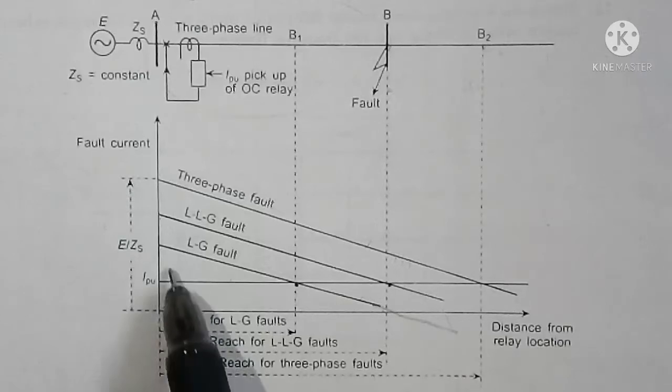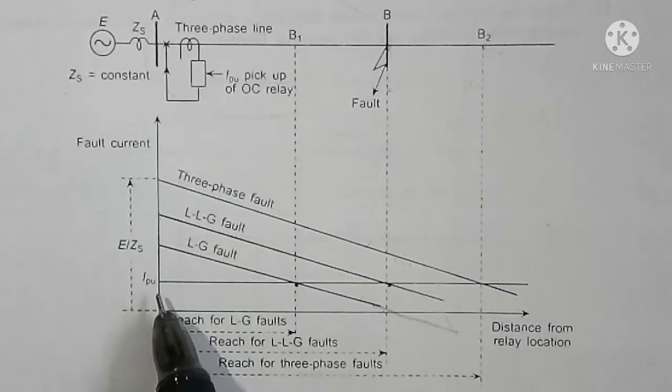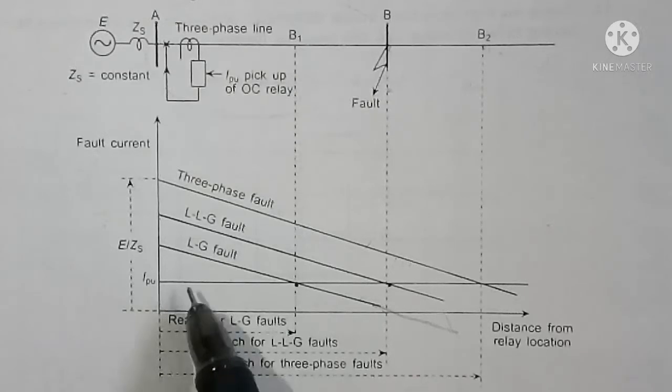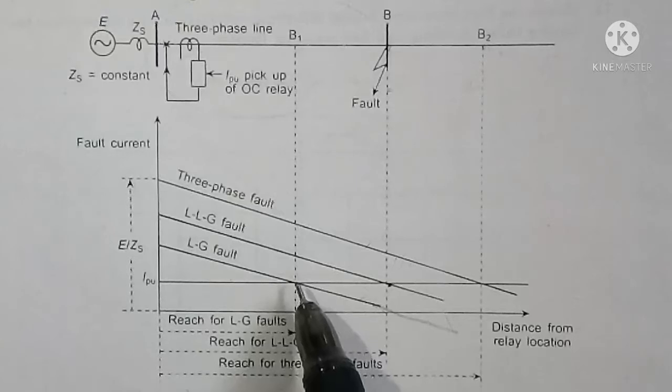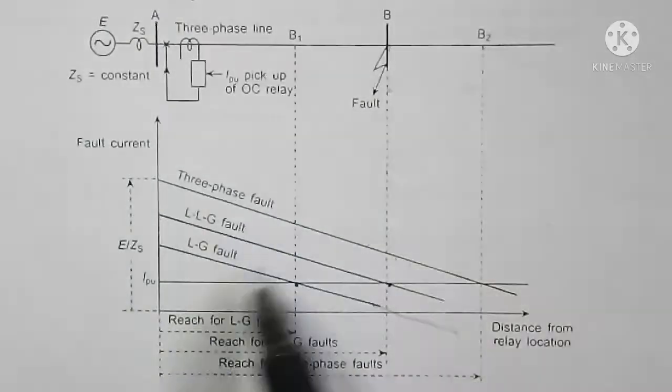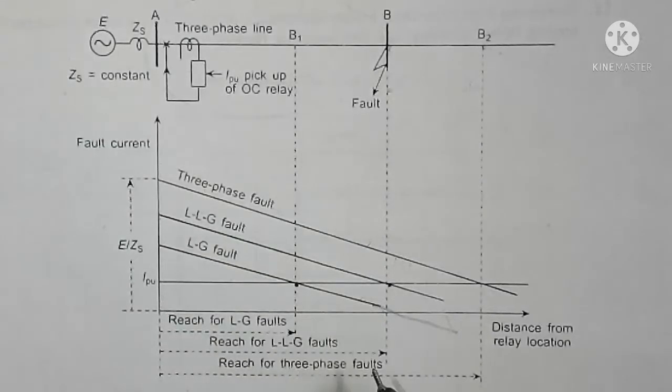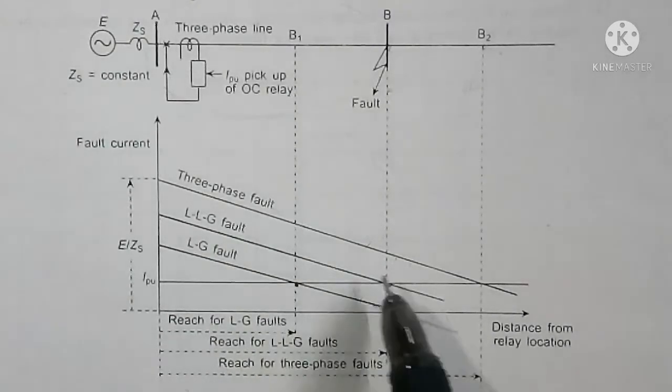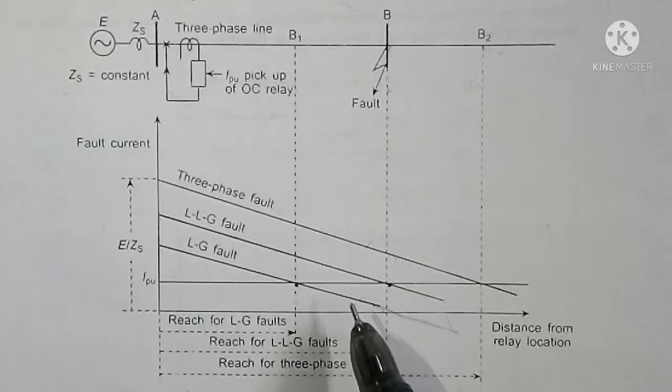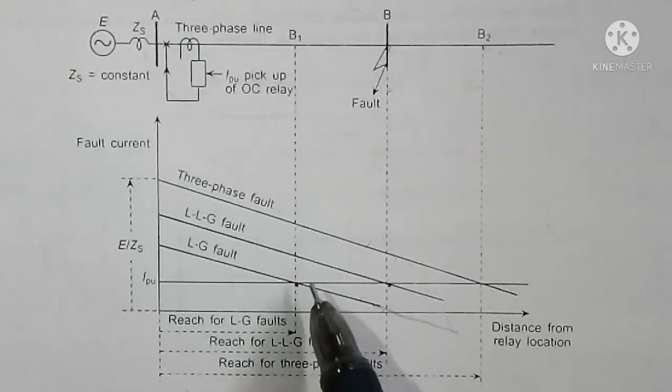Here you can also see the pickup current of the relay. Relay will issue trip signal to circuit breaker only when the pickup current is less than the fault current, and when pickup current and fault currents are equal, relay will be on the verge of operation.